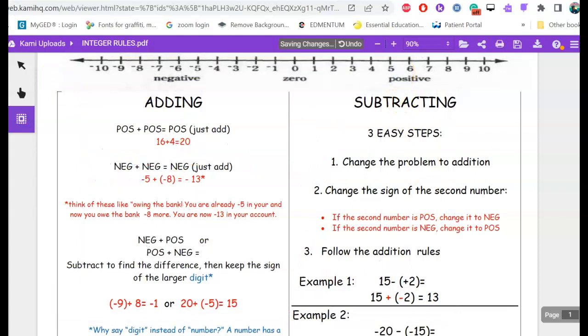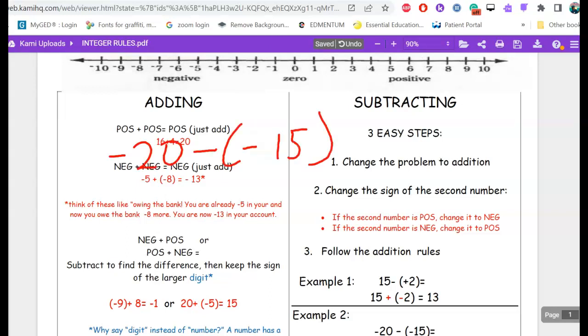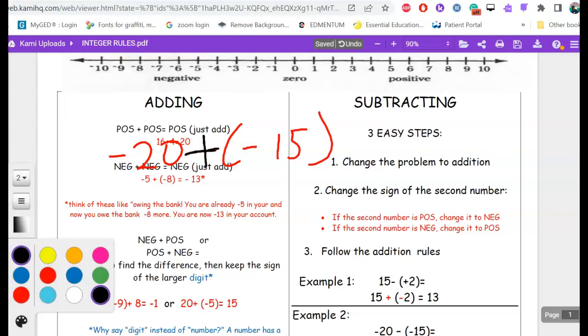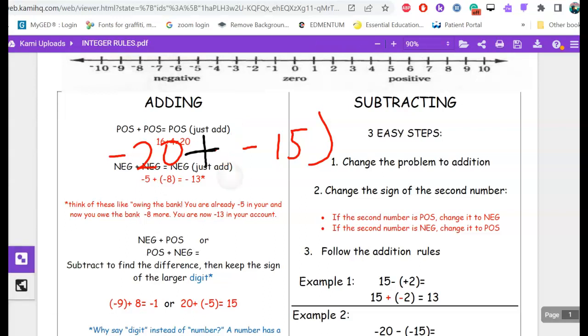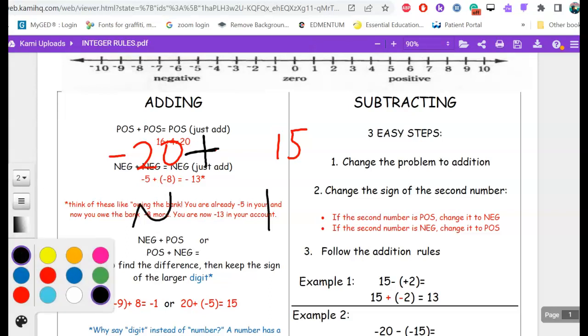Now, let's do the second example, which looks quite different. The second example is negative 20 minus negative 15. Let's follow these 3 rules. Step 1, change the problem to addition. Step 2, change the sign of the second number. The second number is a negative 15. If I change the sign, it becomes a positive 15. So now I have negative 20 plus 15. That makes this a negative plus a positive.